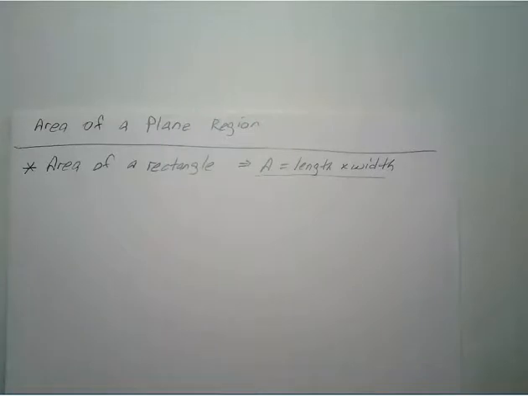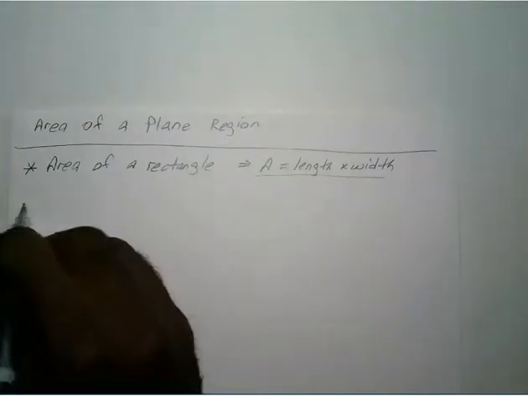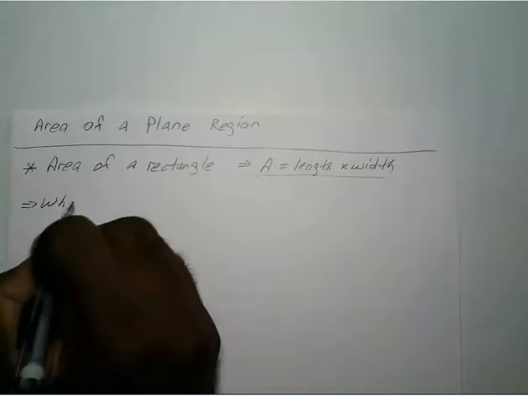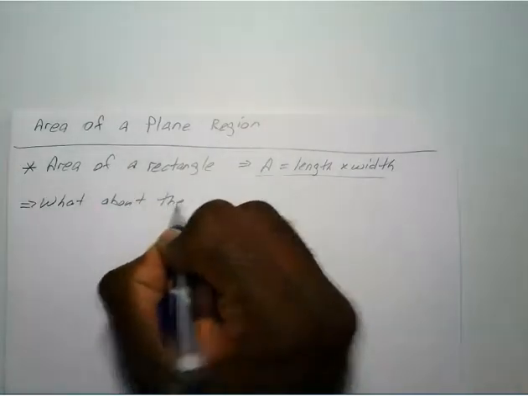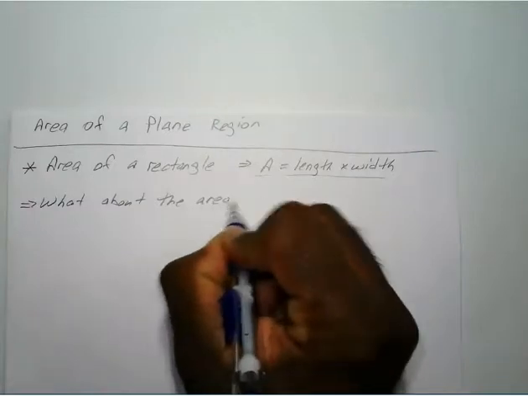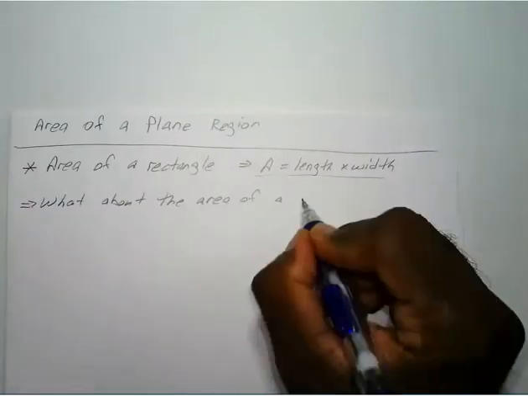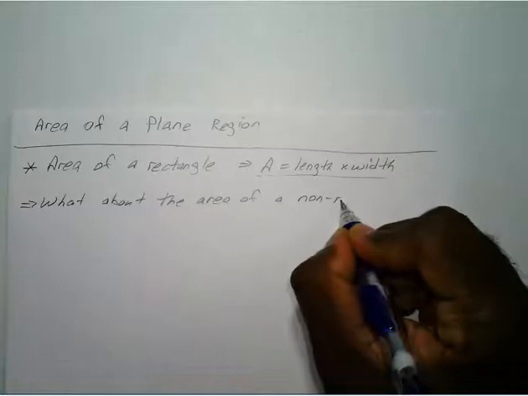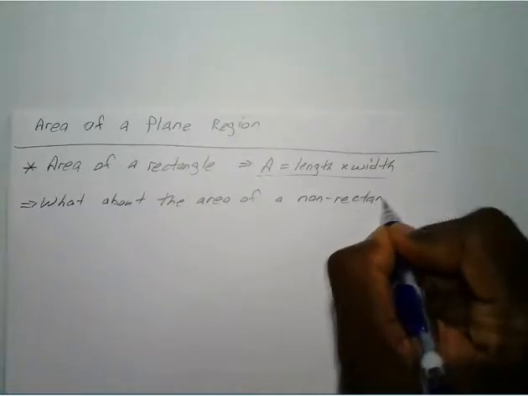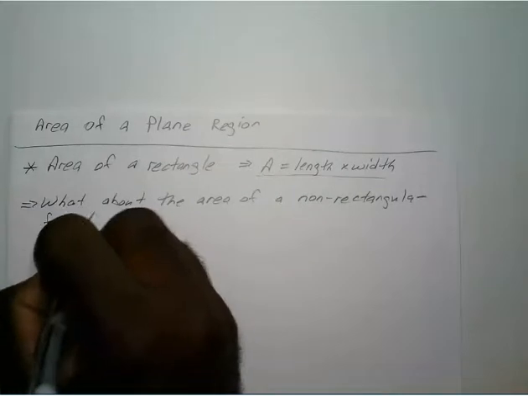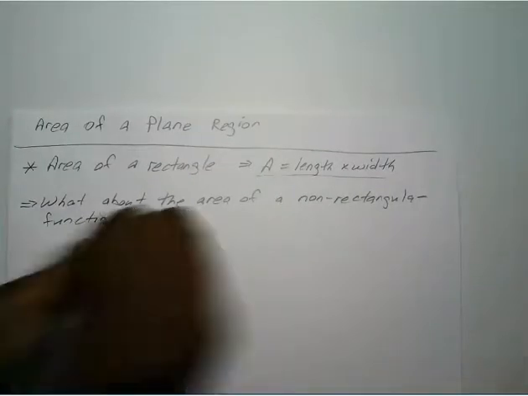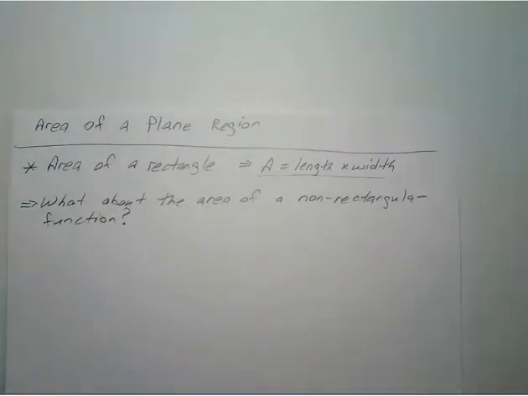But what if we wanted to know the area underneath a function? The area of a non-rectangular function. Okay, so we know functions can have all sorts of crazy shapes and everything else.